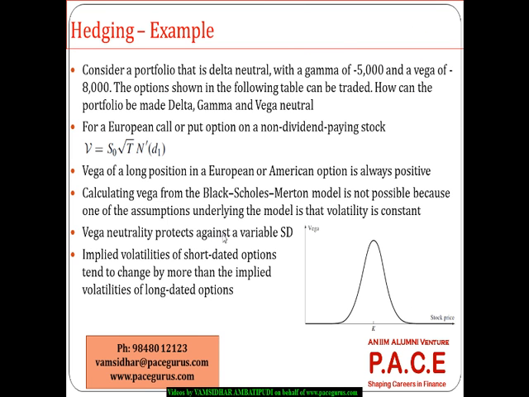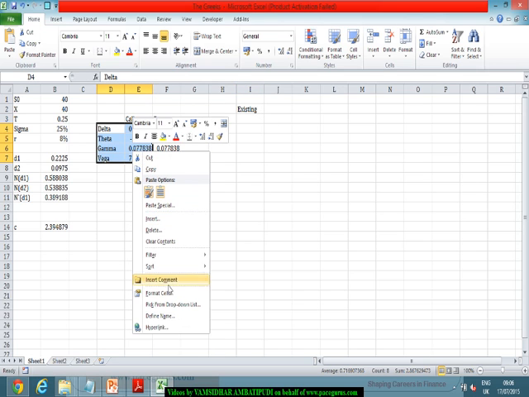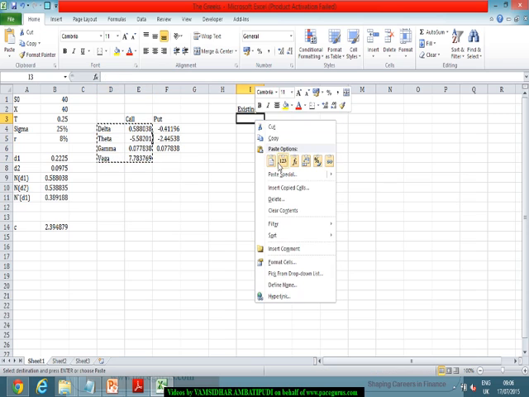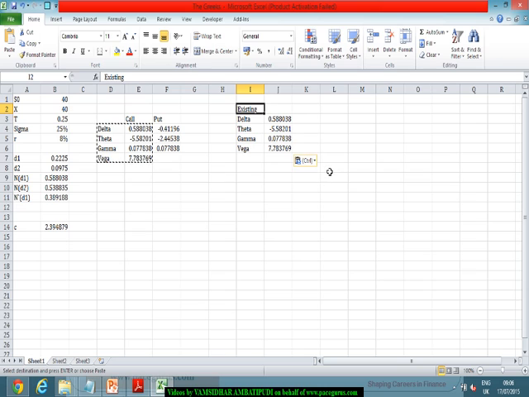Now, let's say I have a few other options that are available for me. So let's say this is my portfolio, and let me assume I have a 50 call. Let me copy the existing: the delta, theta, gamma, vega. Let's say this is my portfolio for which these are the numbers.